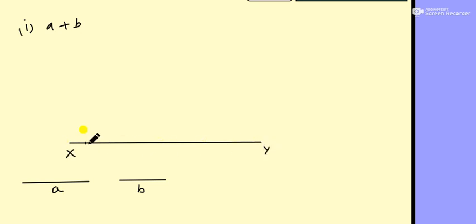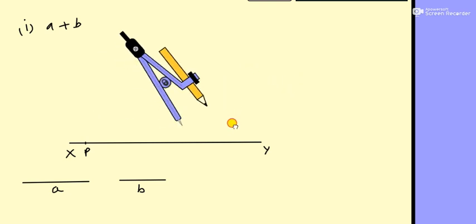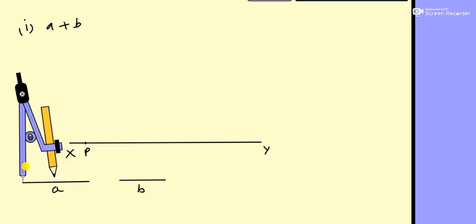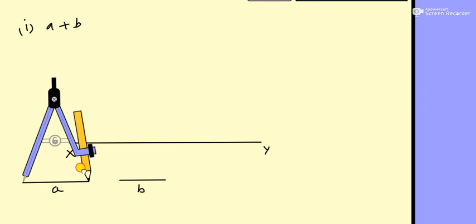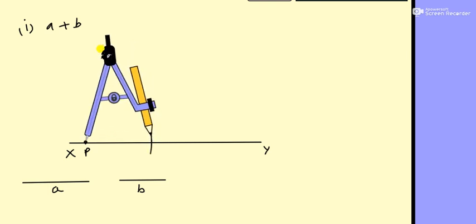Put the point P on the line, take a roundel and keep it here at this point. Take the distance like this, keep it on point P and make an arc like this.